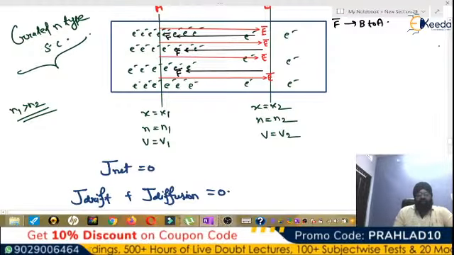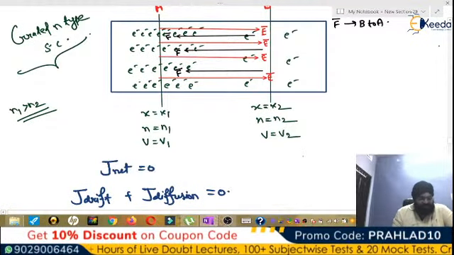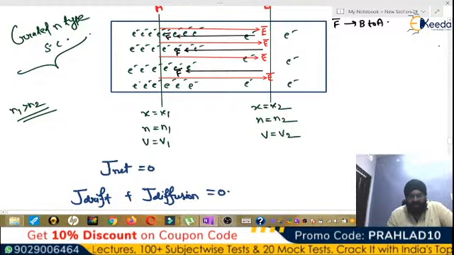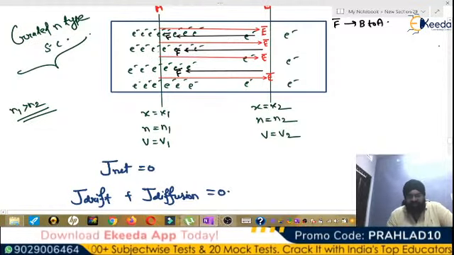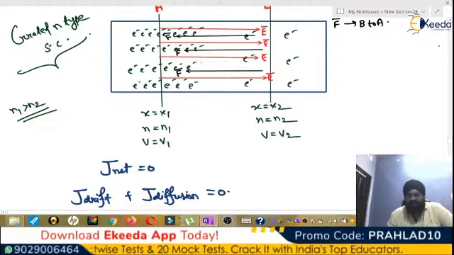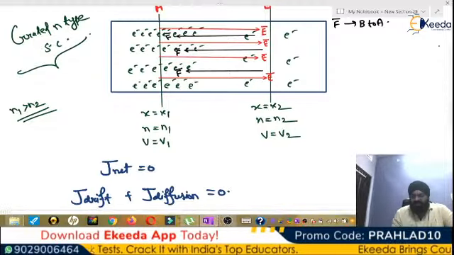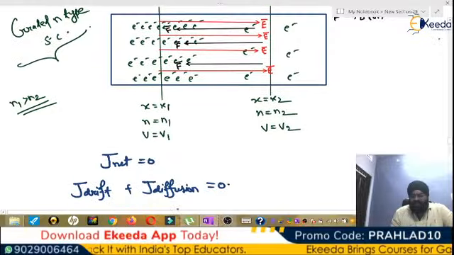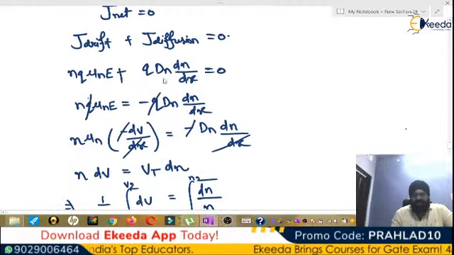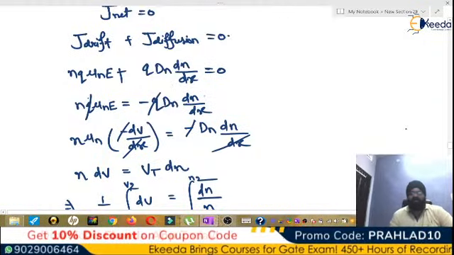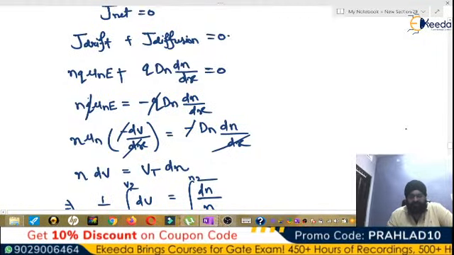The same we can do for the graded n-type semiconductor, where at point A, electron concentration is greater than at point B. The net current density is 0 here, so J diffusion plus J drift is equal to 0. So N Q mu N into E plus Q into dN over dx is equal to 0.